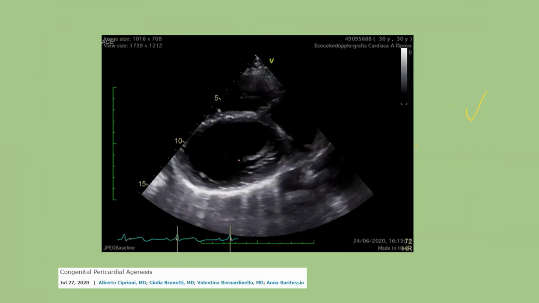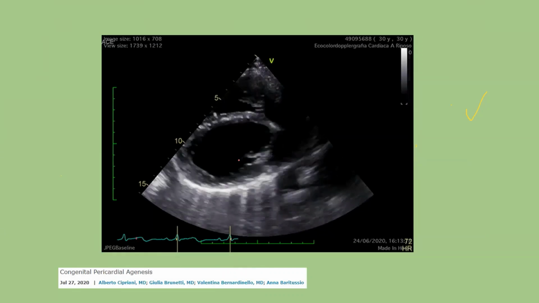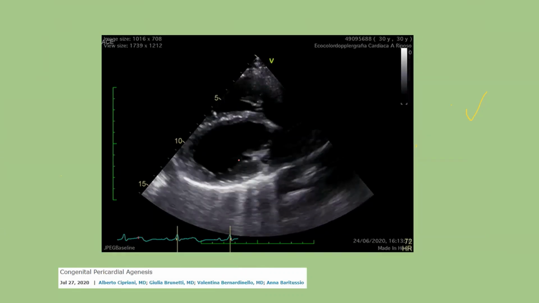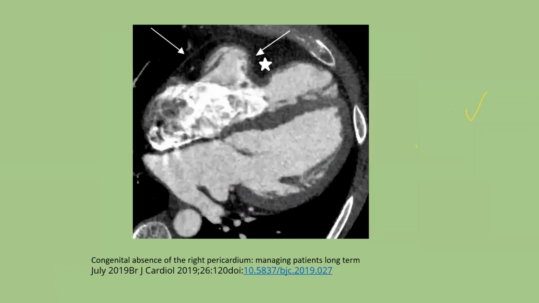This is, you see, the heart in the long parasternal. It becomes tricky to get the image as you used to get. And the chambers tend to be a bit dilated like this. Now we can have absent pericardium, complete agenesis, or partial agenesis.